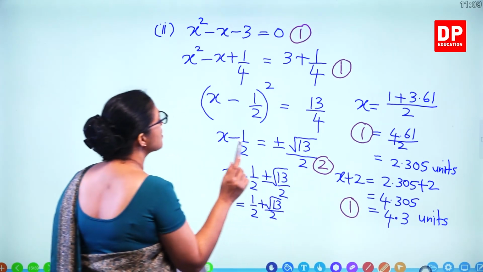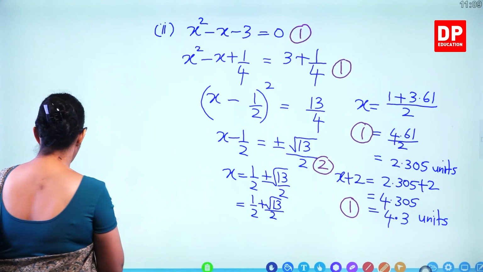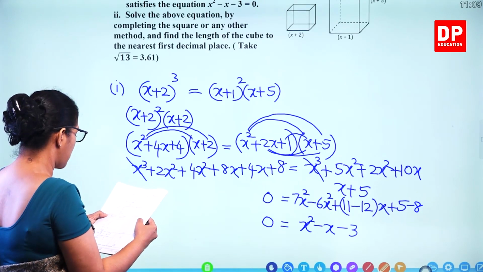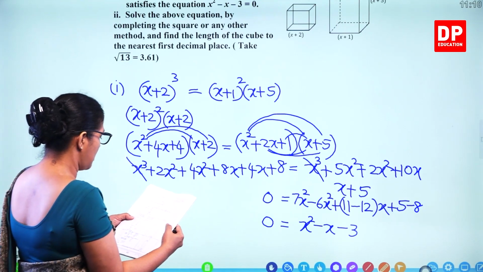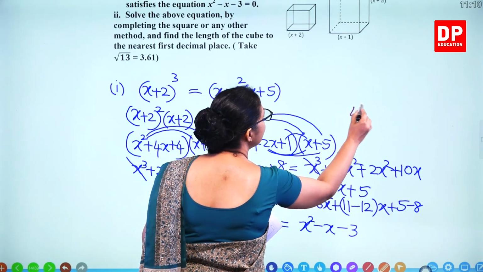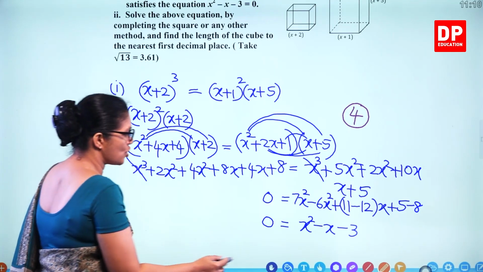Just see how many marks, 1, 2, 3, 4, 5, 6 there. The first part, showing the equation, you get 4 marks. So altogether 10 marks for the whole question.